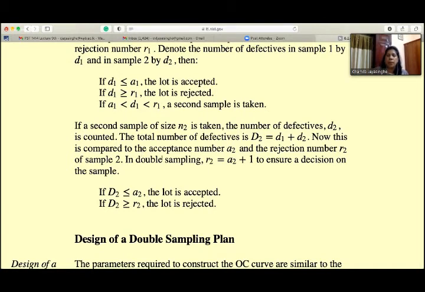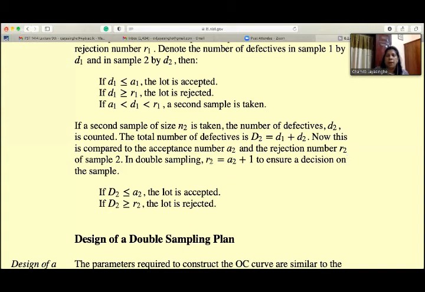Now this is compared to the acceptance number A2. A2 is a somewhat bigger number now, right? And the rejection number R2 compared to R1 is also a bigger one.